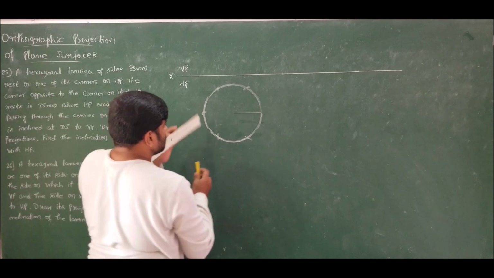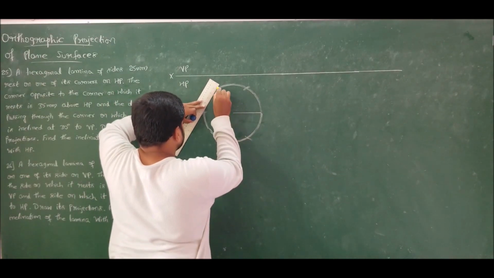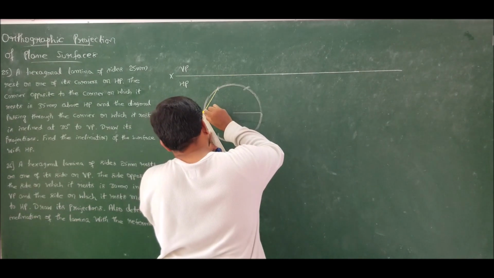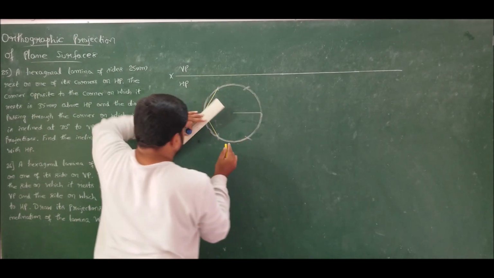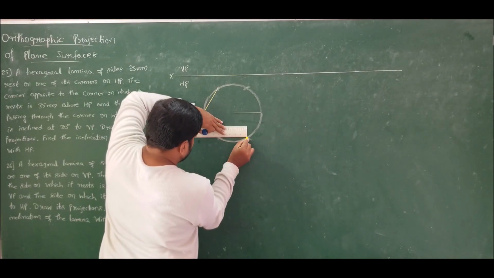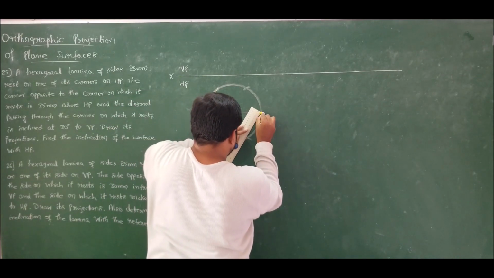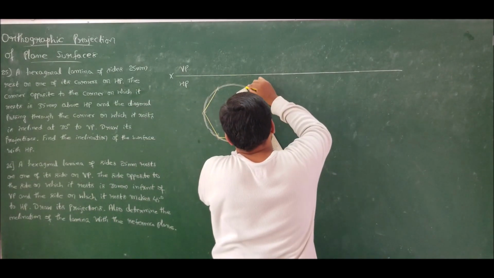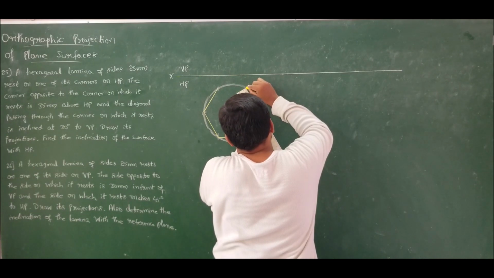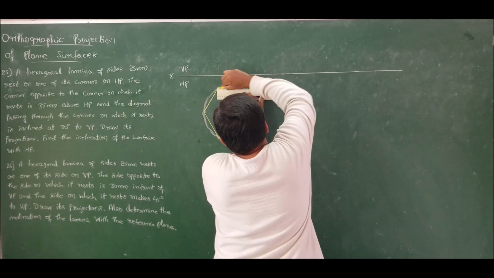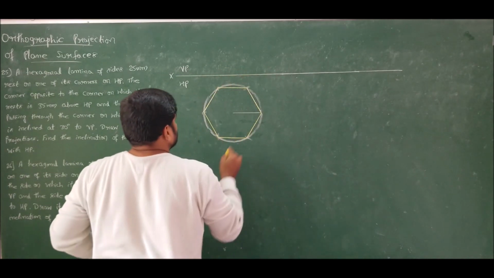Now connect these corners. So we have the corners of the hexagon. Done.